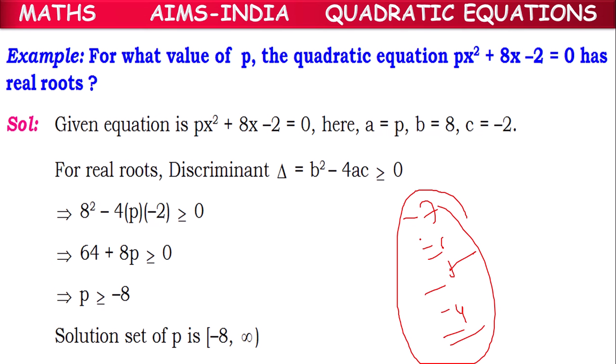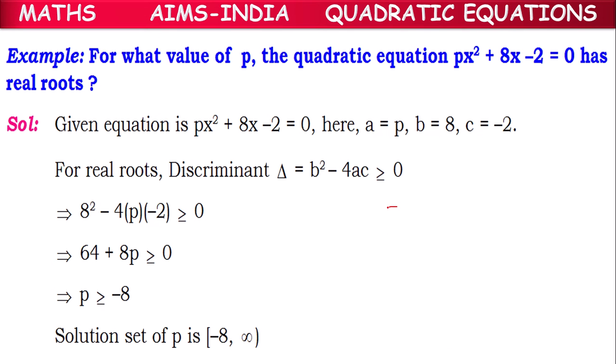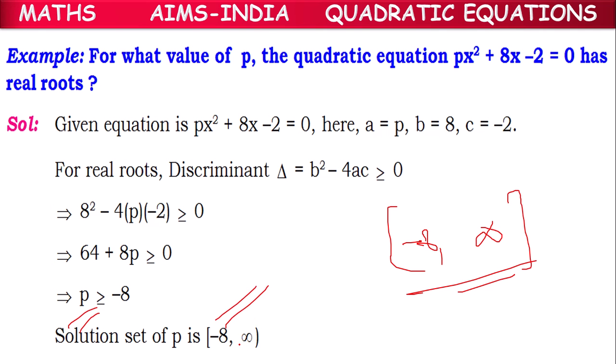First we will be having minus 8, after that minus 7, minus 6, minus 4, minus 3, minus 2, like that up to infinity we can take the values. There is no limit. So the solution set is minus 8 comma infinity. Okay.